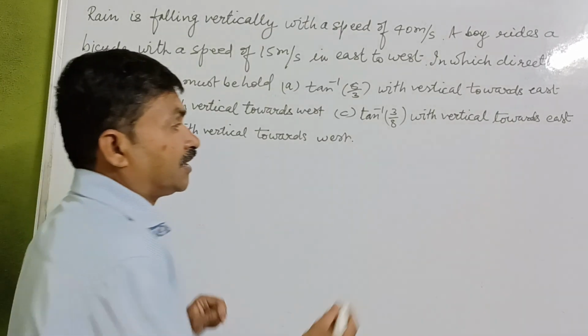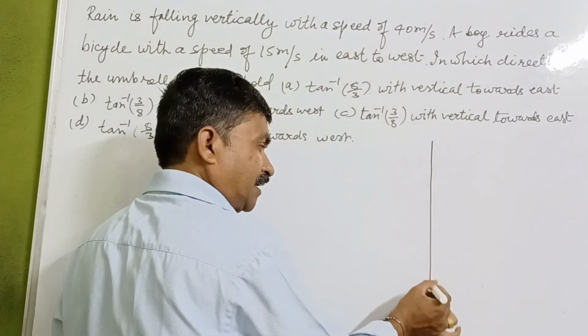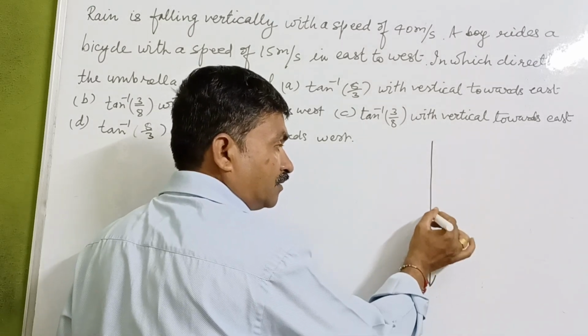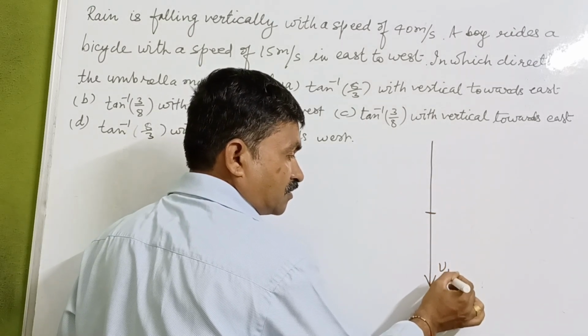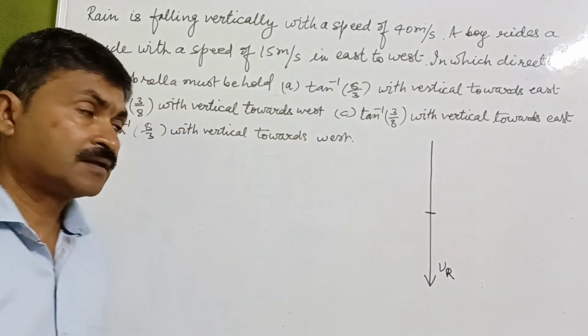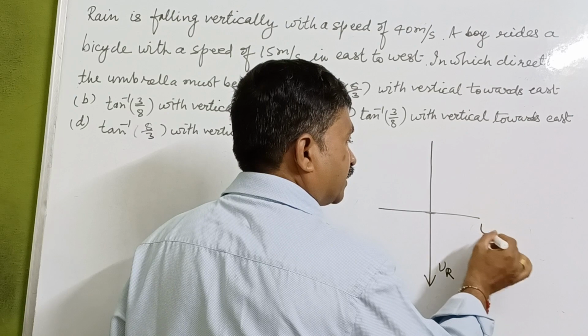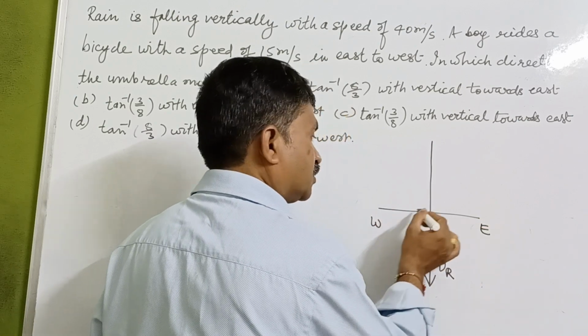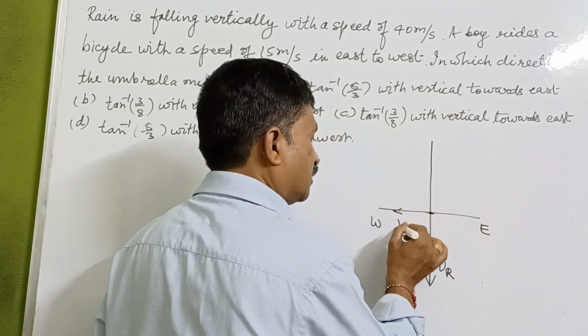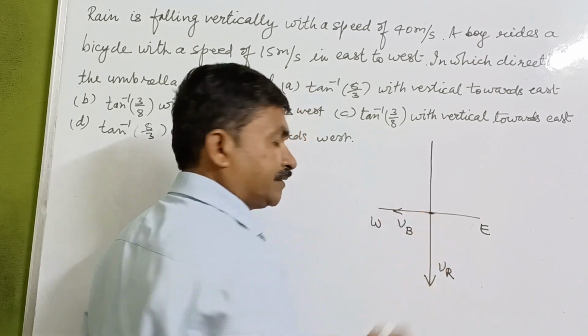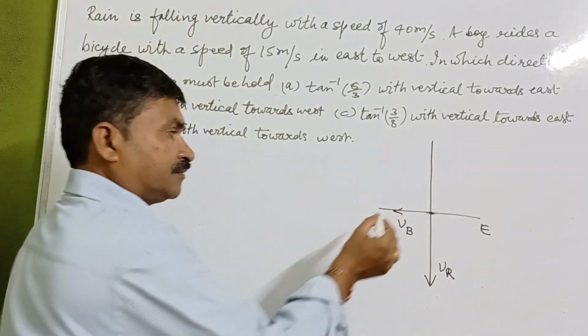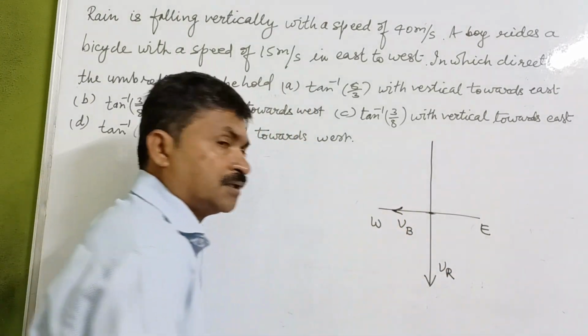Now if we see the rain, which is falling vertically downward, we have taken this as VR, and the boy is moving from east to west. So we are taking this velocity of the boy, which is moving in this direction.